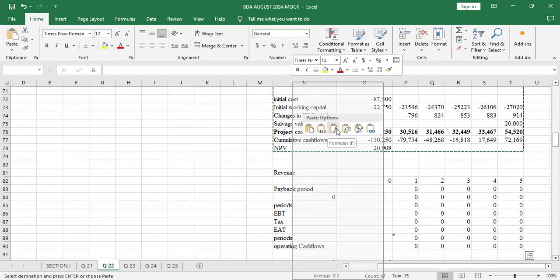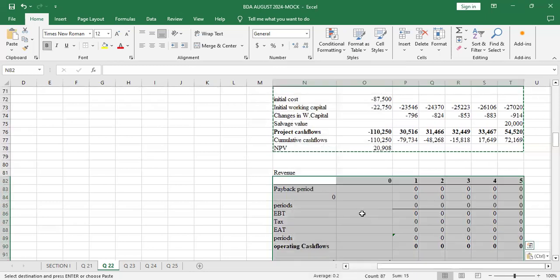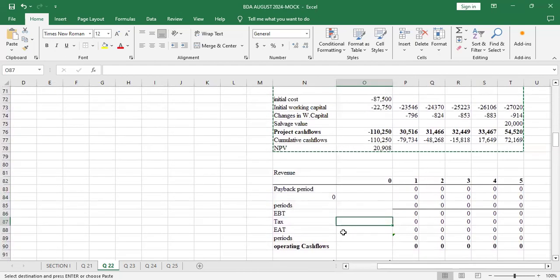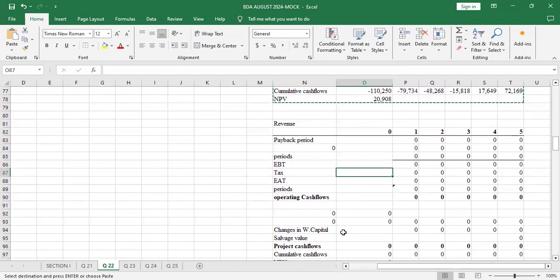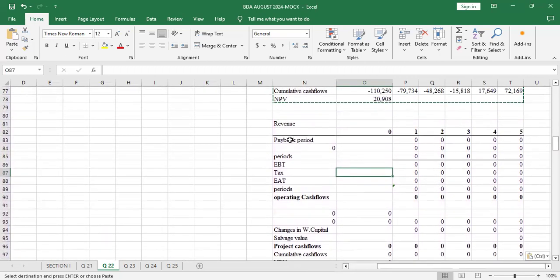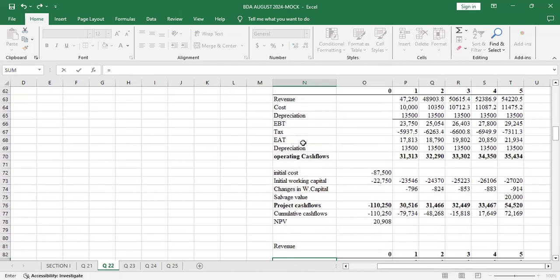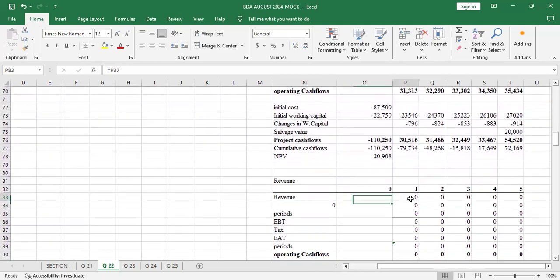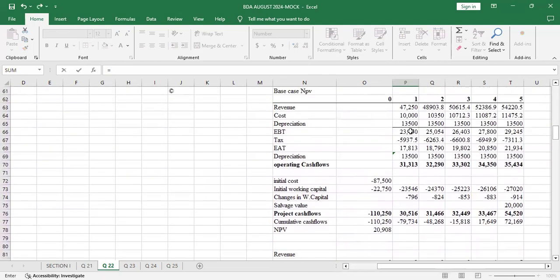Let me see if I can copy the formulas. No, let me paste. That's what we have. I'll just copy those values, revenue, and it gives me the same values.